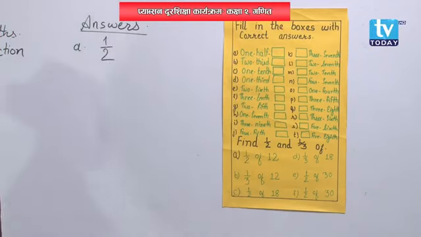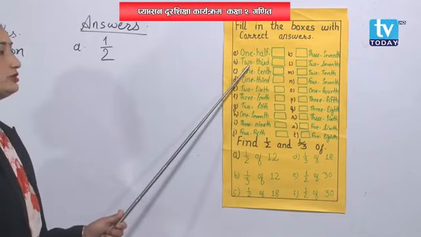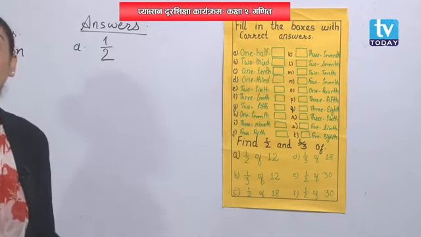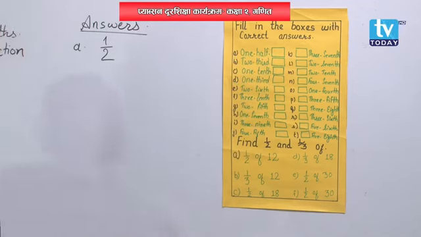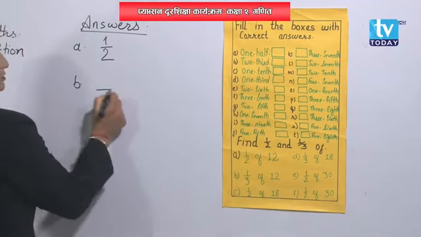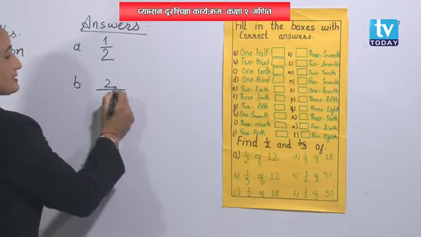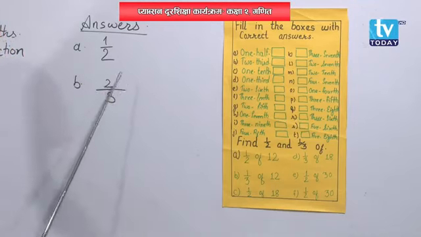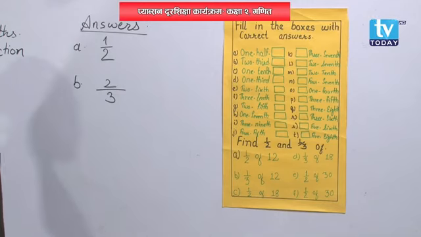Have you written? Okay. Second is 2/3. Out of 3, 2 parts are shaded. We call it 2/3.